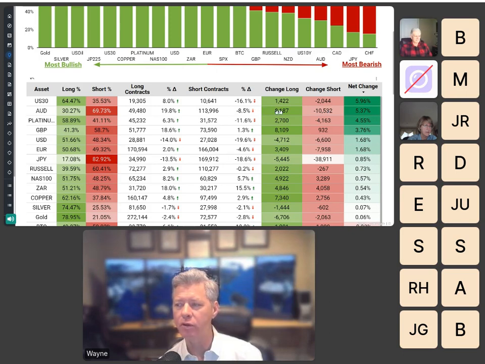Now, if there were no bulls, I would say, yeah, let's go in and look for a sell on the Aussie. But we do have bulls. So I have to be a little cautious. A 20% increase in bulls. Now it's heavily bearish, but a 20% increase in bulls. I got some battles to fight on Aussie.